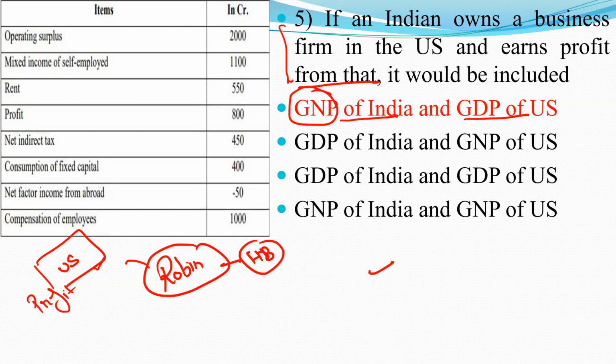GDP of the US means gross domestic product of the US, because the business is done in the US and the profit is also in the US. But some portion comes to India also, that comes under the GNP of India and GDP of the US. So option A is the correct answer.